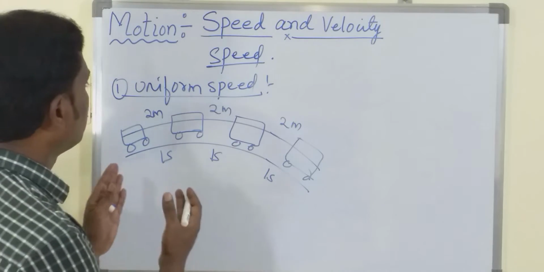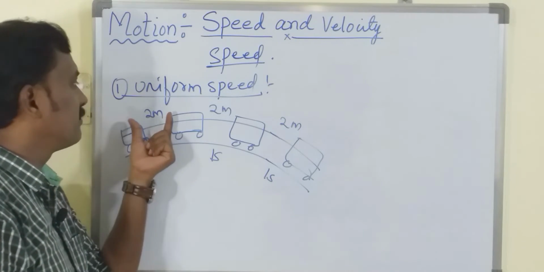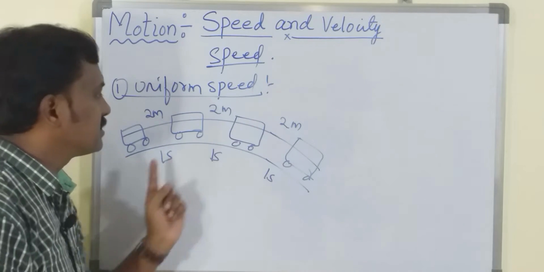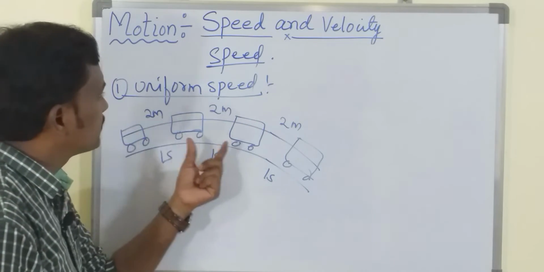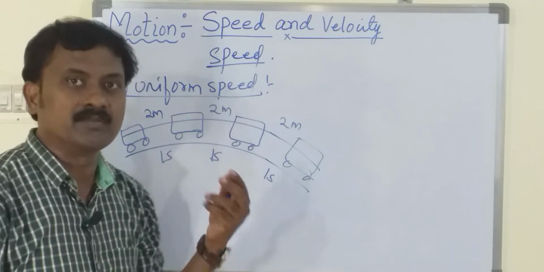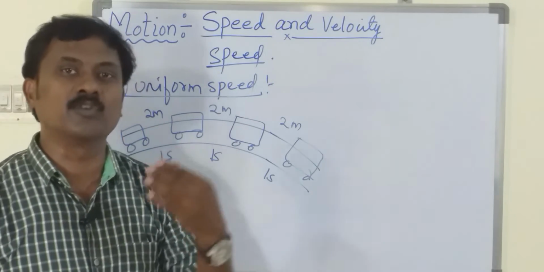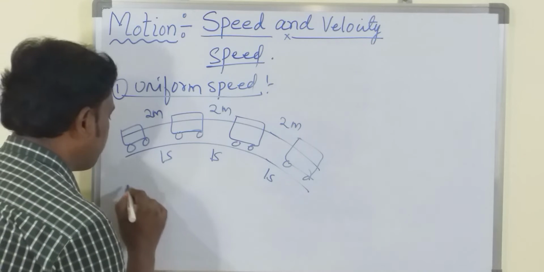So here the body is traveling equal distances in equal intervals of time. If the body travels equal distances in equal intervals of time, then we say that the body is moving with uniform speed. Let me write.